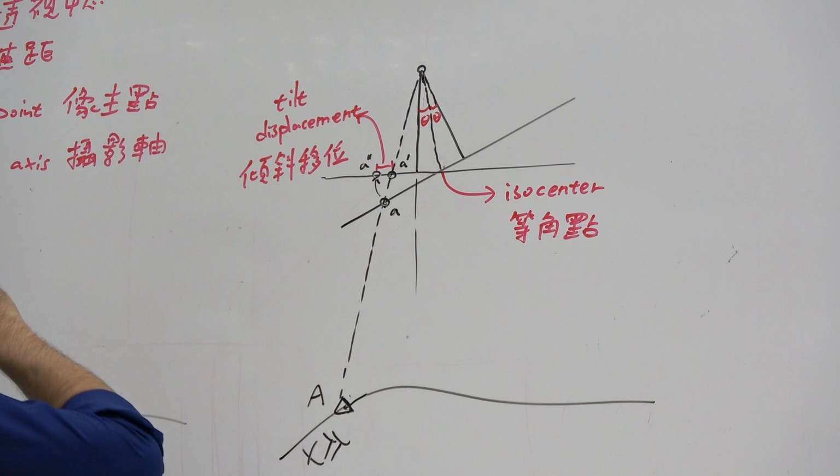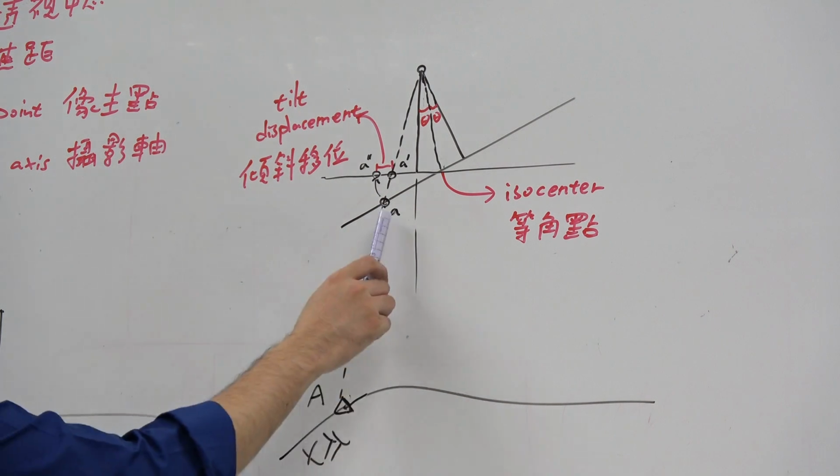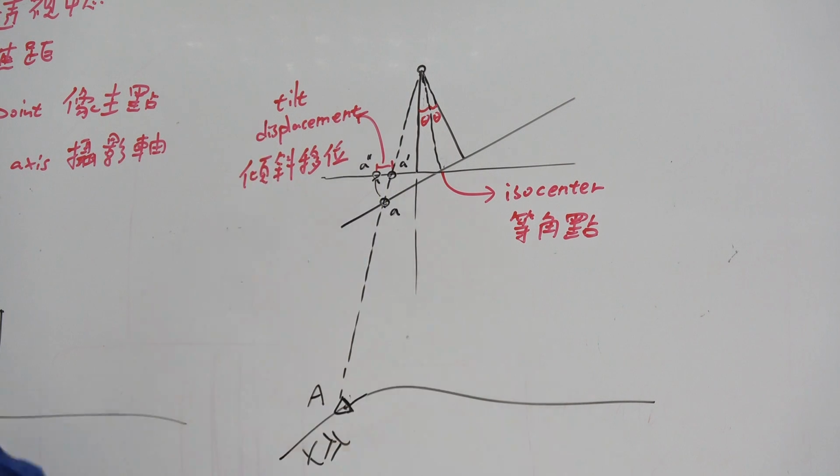So there is a term called tilt displacement correction, which is to reproject a point to a flat point.